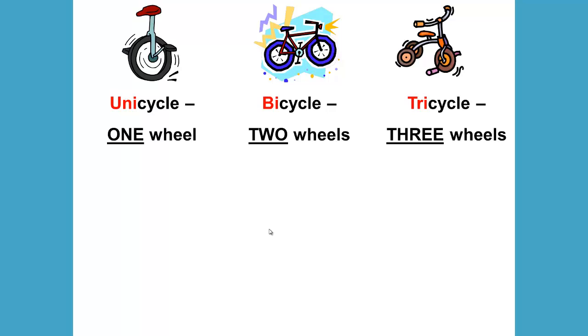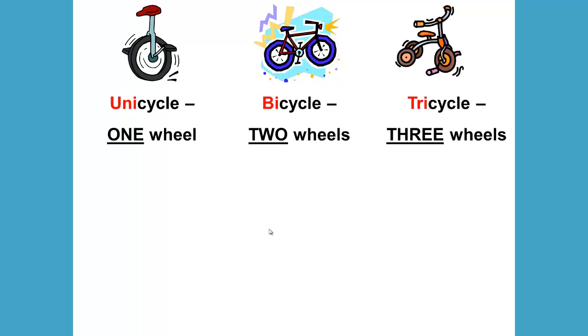So the problem that we just finished in part 2 is a special kind of problem, and we see a lot of these binomial problems in the real world and in our probability, and they are called binomials for a reason. Let's think of this example. A unicycle has 1 wheel, a bicycle has 2 wheels, and a tricycle has 3 wheels.